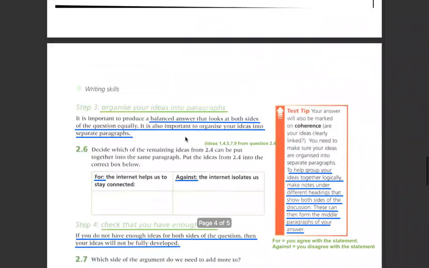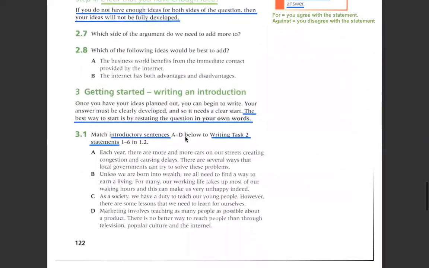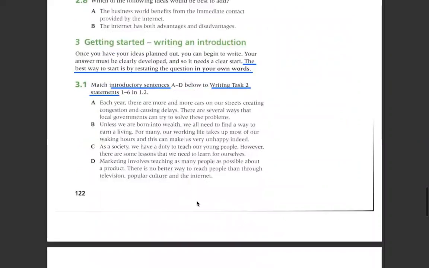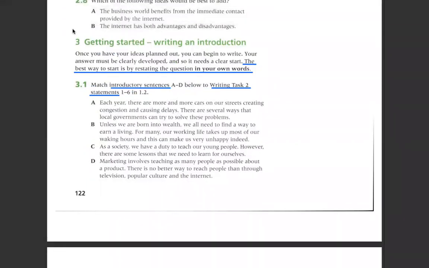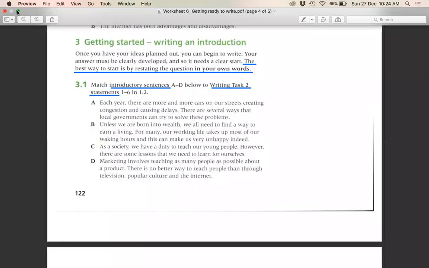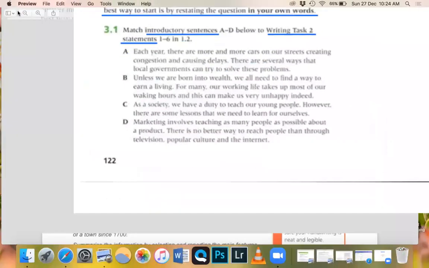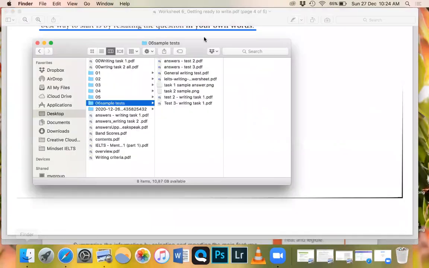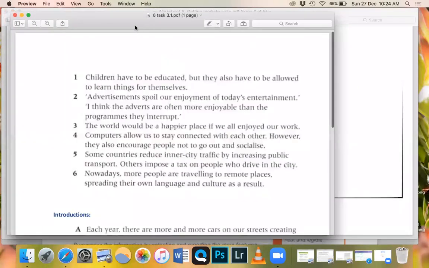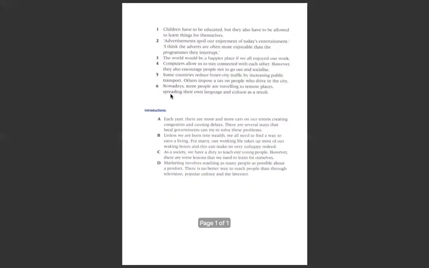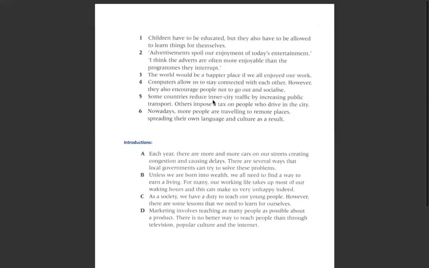Okay, so those are our body paragraphs. Now we're going to have a look at our introduction. So remember, we want to paraphrase the question to start with. So what we're going to do is match some introduction statements to some task questions. Okay, so let's open this up and we're going to match them.